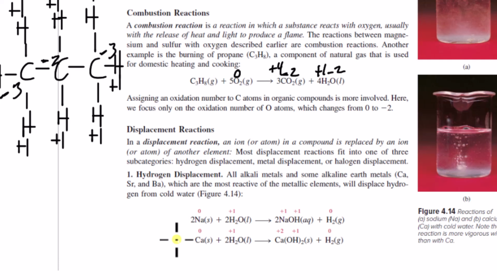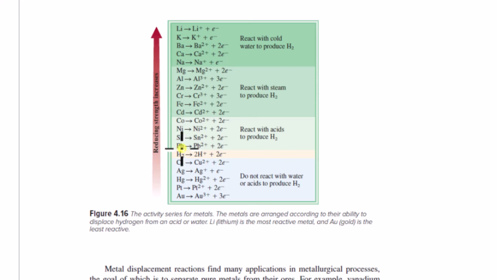Sodium and calcium atoms push hydrogen atoms out of water molecules, displacing them, with the sodium and calcium forming compounds, sodium hydroxide and calcium hydroxide, and the pushed out hydrogen is forced into its elemental form, H2 gas.